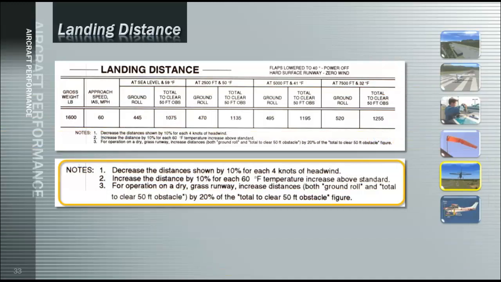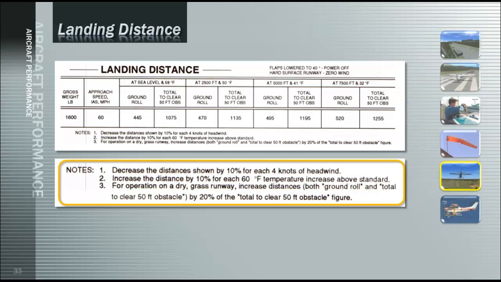These notes indicate that you must decrease the distance by 10% for each 4 knots of headwind. So in our prior example, we had 9 knots of headwind, so we would decrease the distances by 20% in that case. The second note says increase distance by 10% for each 60 degrees Fahrenheit temperature increase above standard.